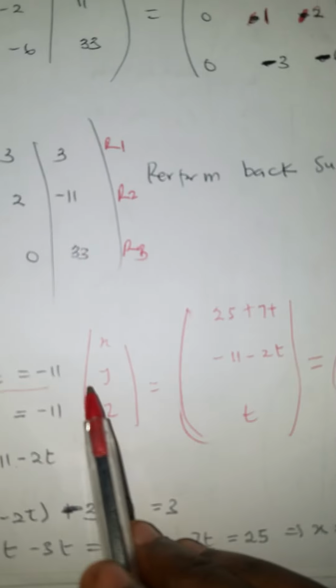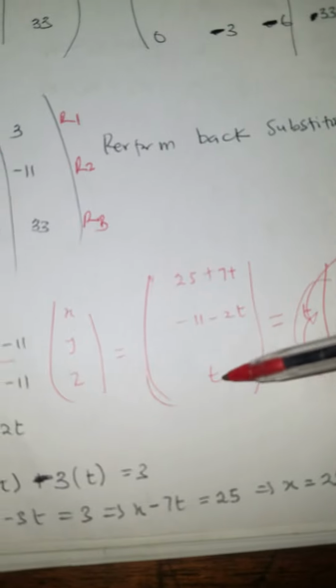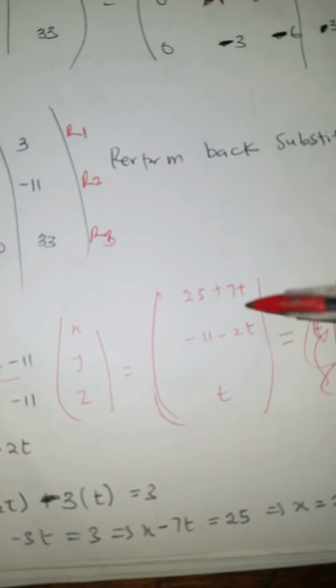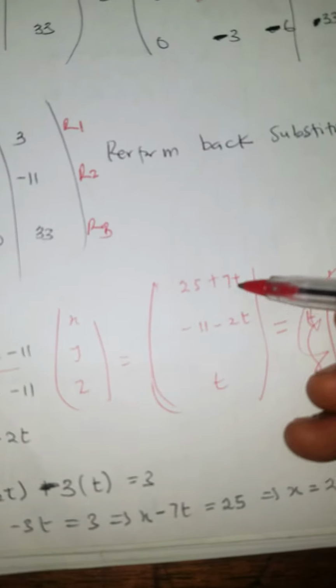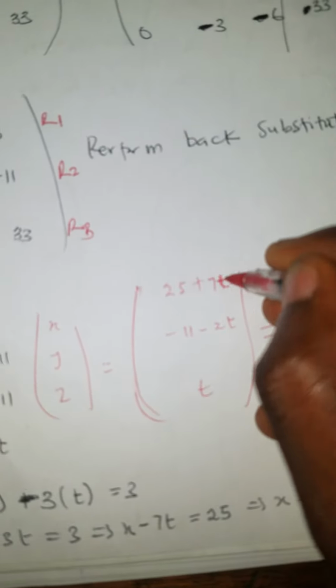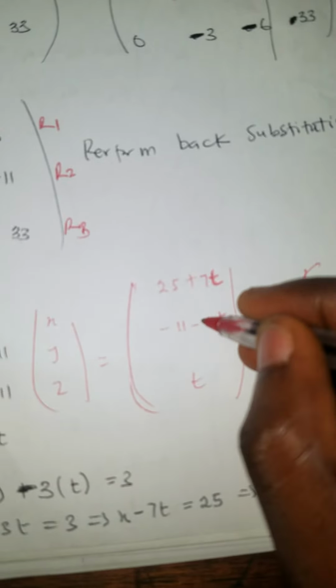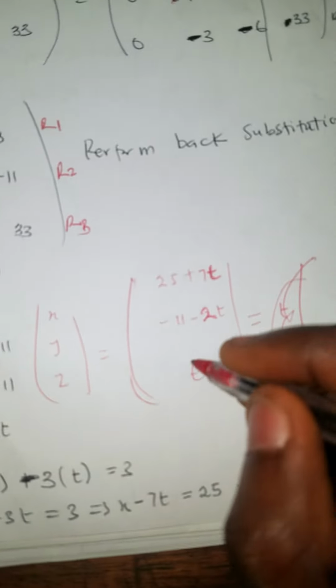So you say that your x, y, z is equal to this. You can say let t equal to 1, and you are going to get whatever. So it is 25 plus 7t, then minus 11 minus 2t, and then t.